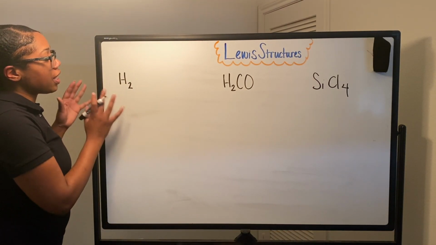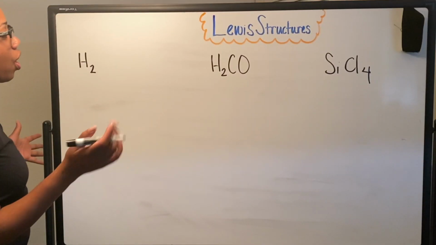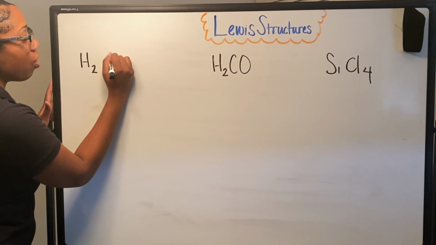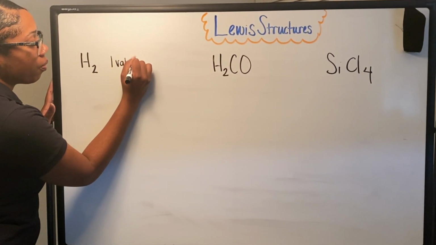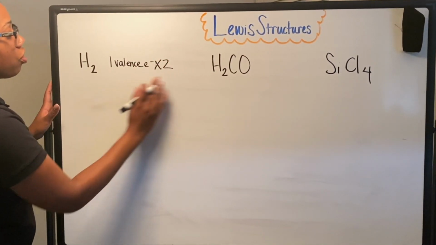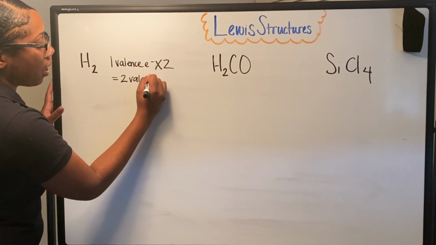So the first thing that we do is count the number of valence electrons. We know that hydrogen has 1 valence electron, but we have 2 hydrogen atoms. So that means there's a total of 2 valence electrons.